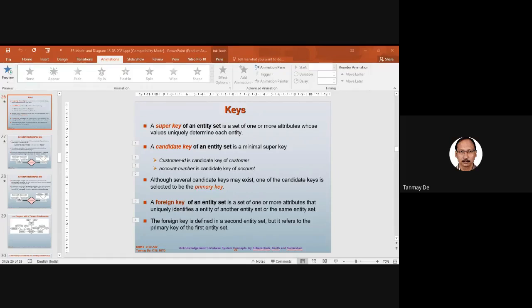If there is only one candidate key, then that candidate key is the primary key. If more than one candidate key is present for a particular entity set, then one of them can be chosen by the database administrator to serve as the primary key to uniquely determine the entity in the entity set.